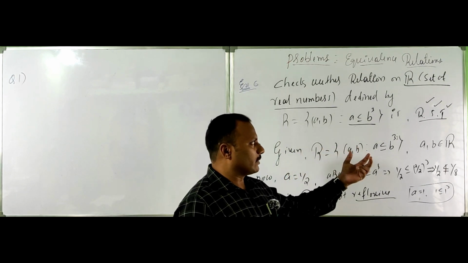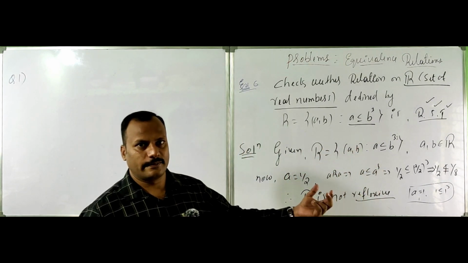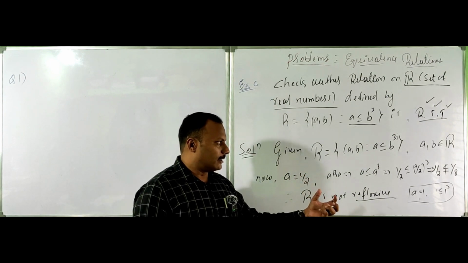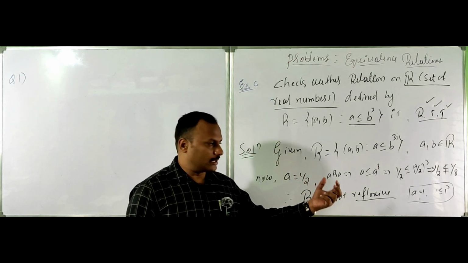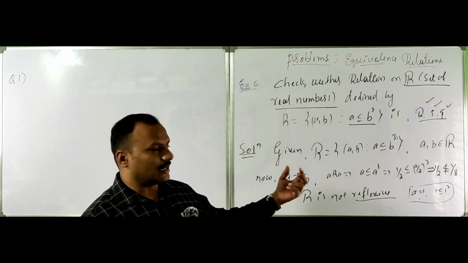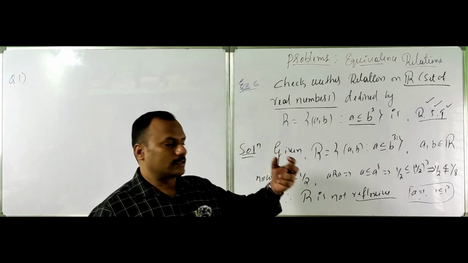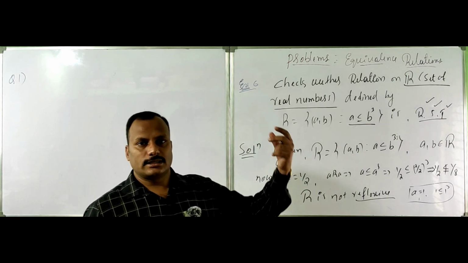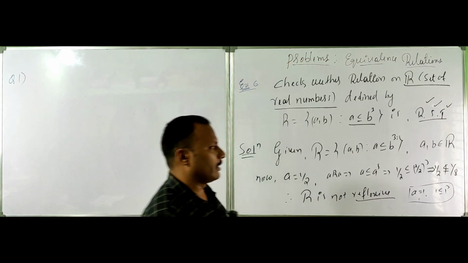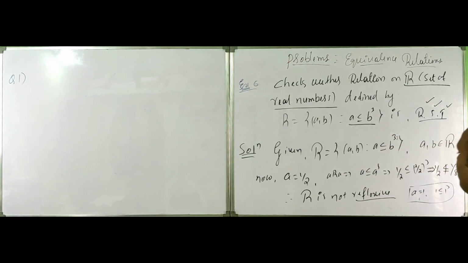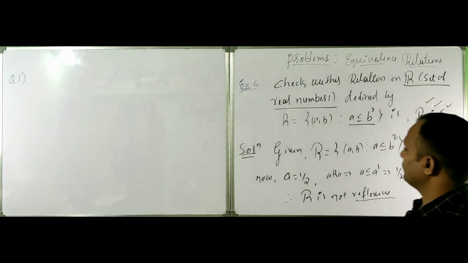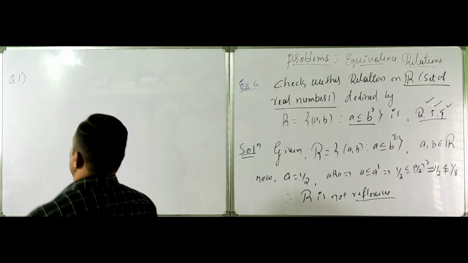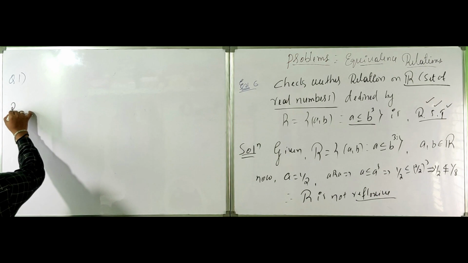If R is an equivalence relation, then the relation creates mutually disjoint equivalence classes. So if I take this condition, it holds good for this one. But R is not reflexive.